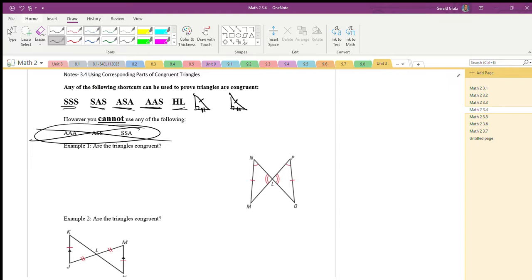Are the two triangles congruent? So I know that N and P are congruent. I know that NM is congruent to PQ.